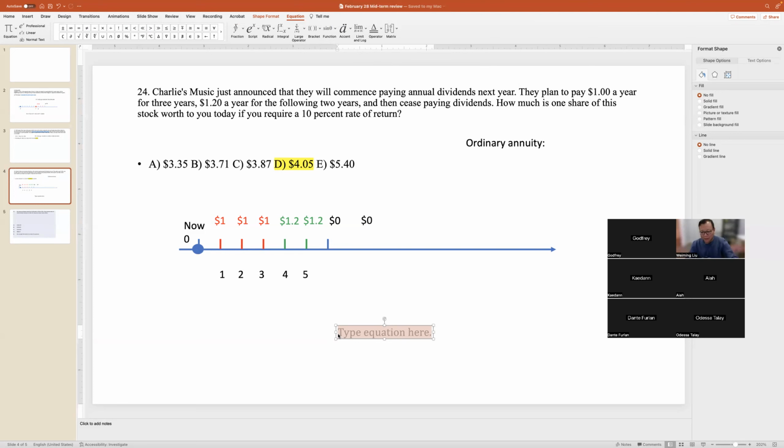Okay, so let me write this down for you. Present value equals something to do with this constant payment, right? Because the definition of an annuity is equal payment over a well-defined time structure. In this case, it's equal payment of $1 over 3 years, so it has to do with the $1.